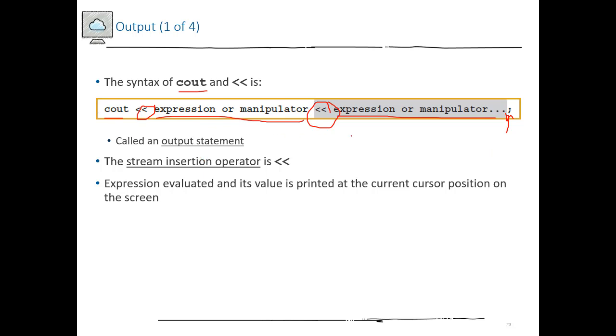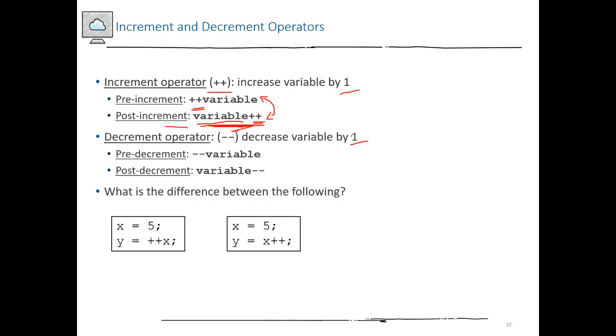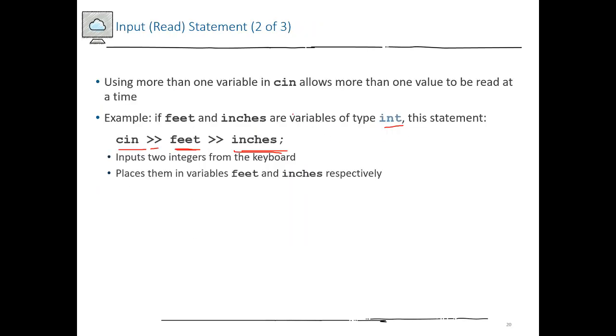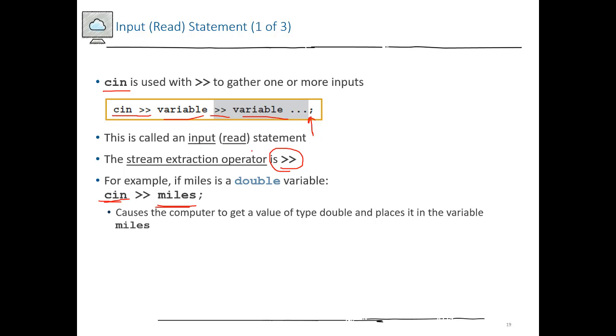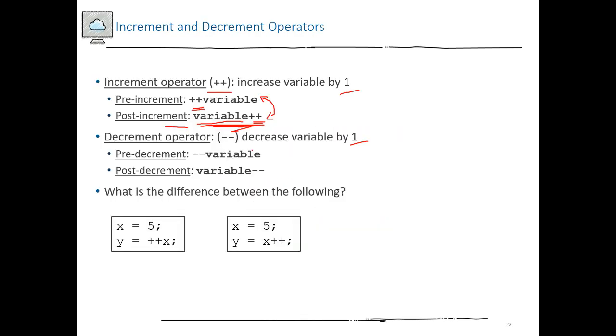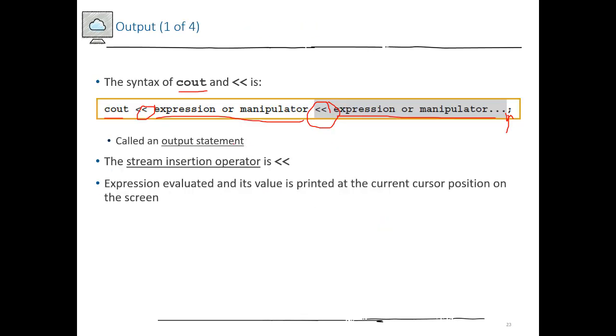This is called an output statement. Remember, in the previous discussion, we saw that the other was called an input statement or read statement. The stream insertion operator is this right here. For cout, the expression is evaluated and its value is printed at the current cursor position on the screen.